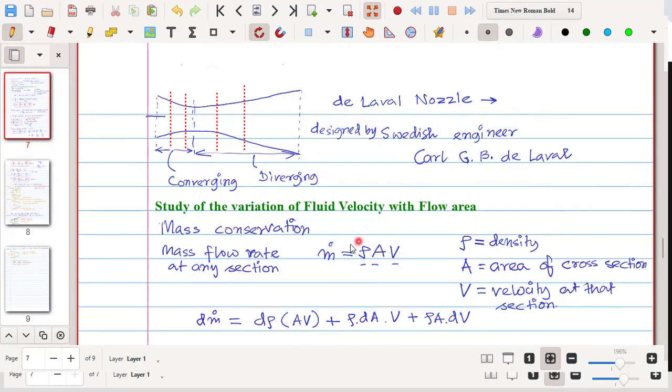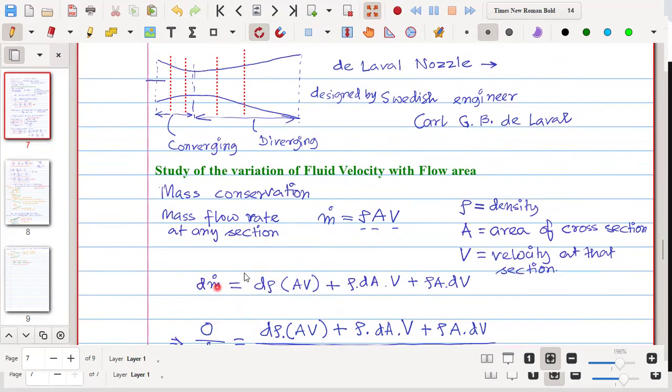So this is mass flow rate, that you know, continuity. Next, what we have done is we have differentiated both the sides, and dm dot is 0 because from the mass conservation, the mass is not changing.